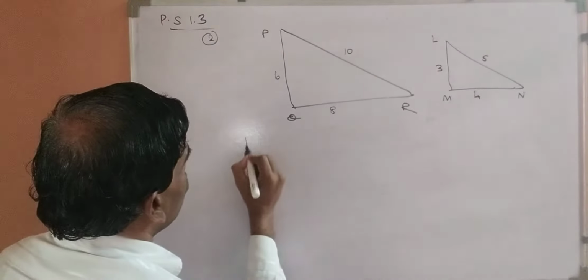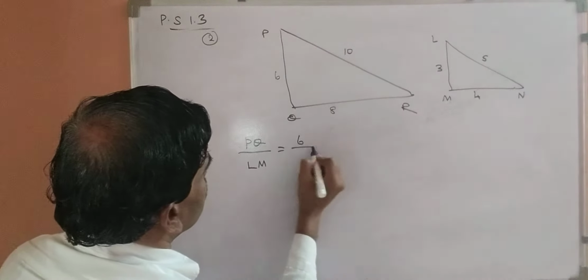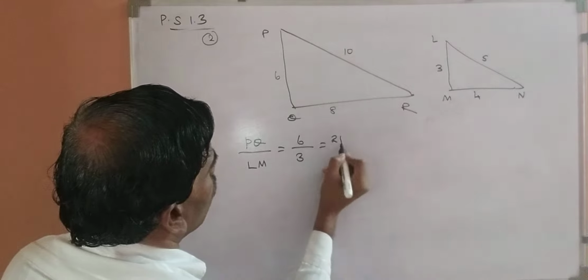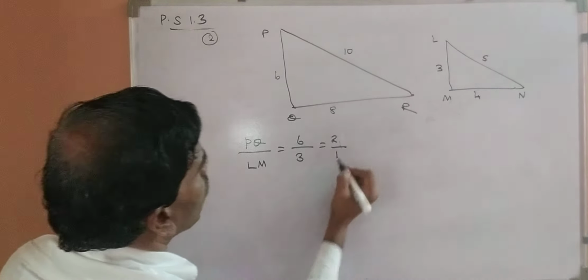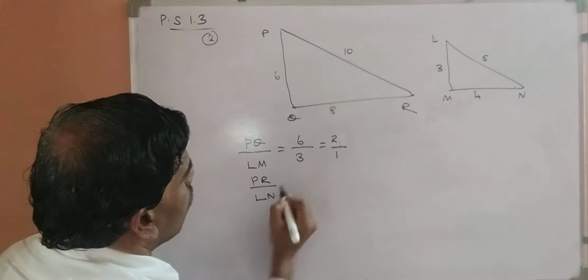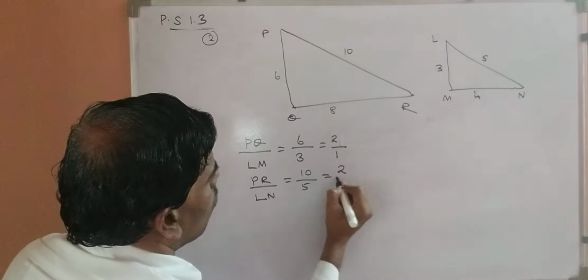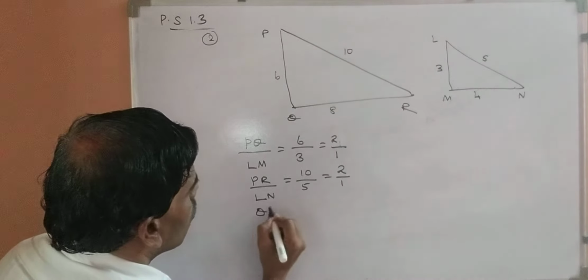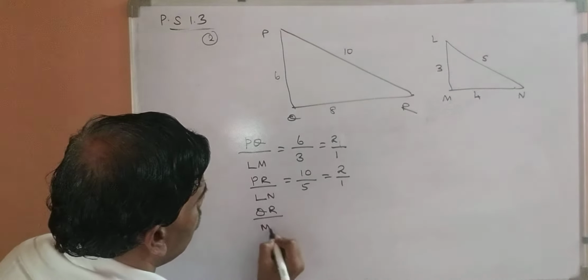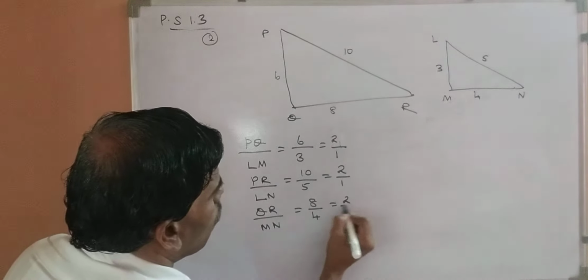Now PQ upon LM equal to 6 upon 3 equal to 2 upon 1. Similarly, PR upon LN is equal to 10 upon 5 equal to 2 upon 1. Third, QR upon MN equal to 8 upon 4 equal to 2 upon 1.